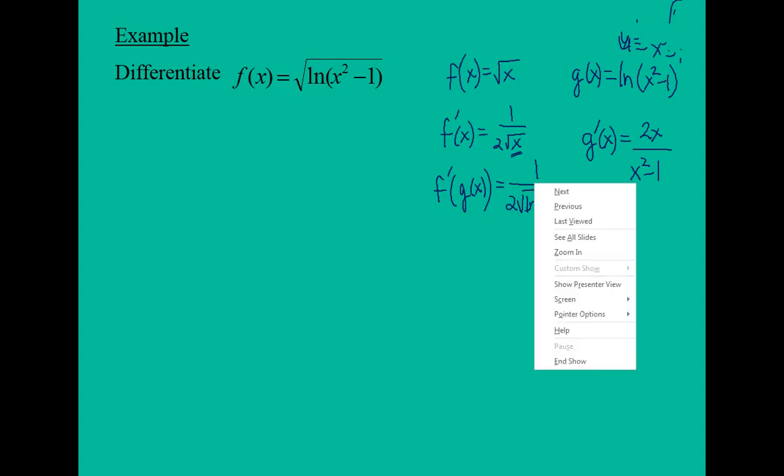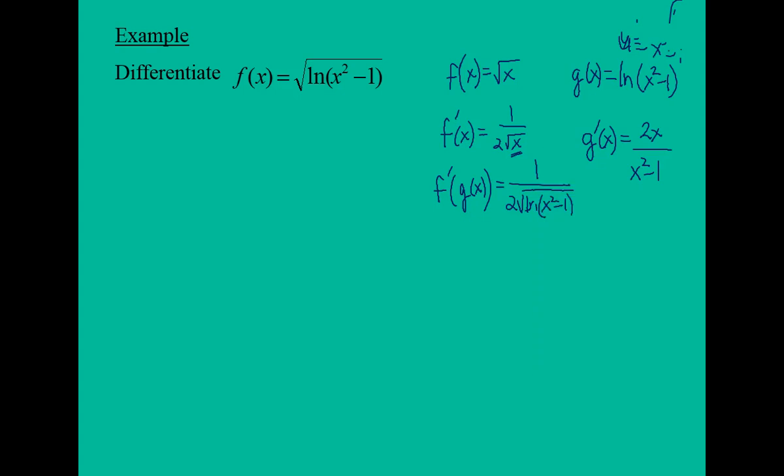Now multiplying our f prime of g of x times our g prime of x, we would have 1 all over 2 square roots of the ln of x squared minus 1 times 2x all over x squared minus 1.